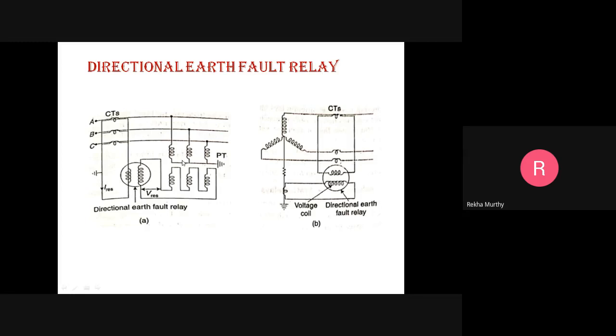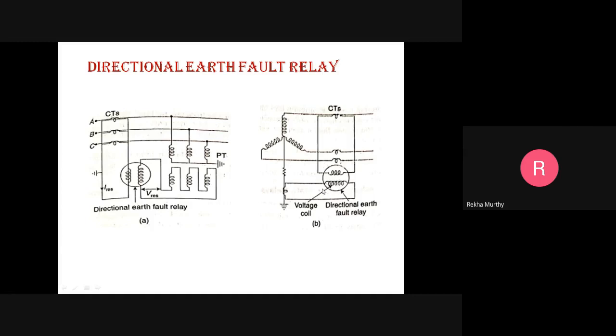This connection is suitable only where the neutral point is not available. If the neutral point of an alternator or a transformer is grounded, then the connections will be done as you can see in this figure.